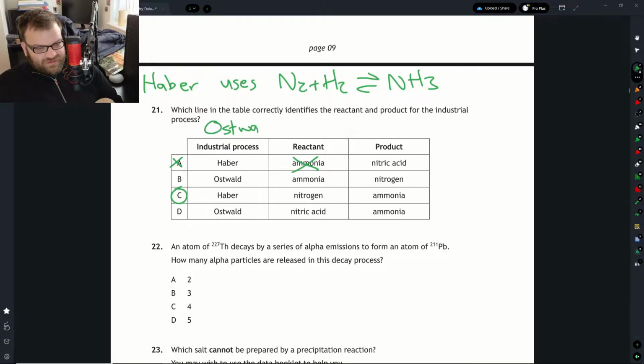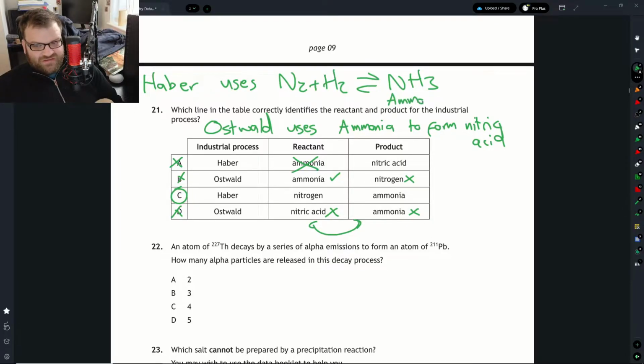If the question was about Ostwald, Ostwald uses ammonia and water and oxygen, to form nitric acid. And they're saying here that yes, Ostwald uses ammonia, but it doesn't make nitrogen. Ostwald makes nitric acid from ammonia. So those two would be the other way around if that was the correct answer for that. NH3 is ammonia. That's your nitrogen and hydrogen there.